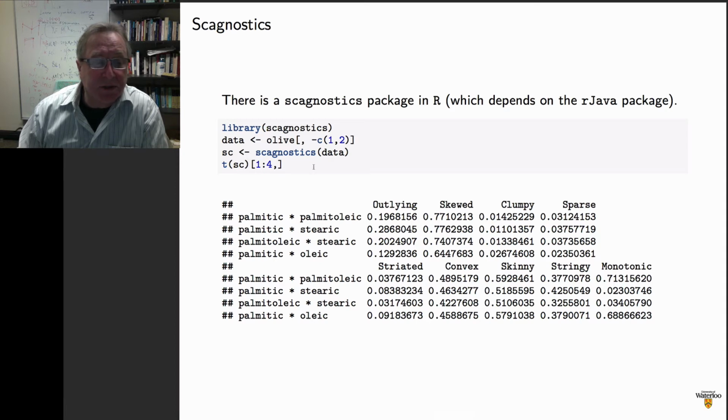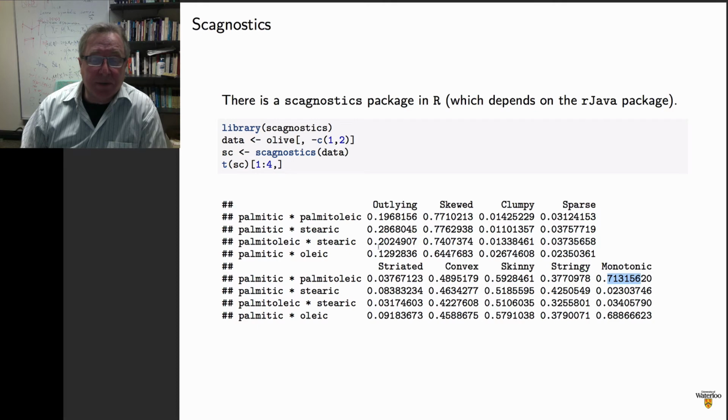Take the scagnostics of it, and it returns, I've got the transpose here, just showing you the first few rows, for every pair of variates, the corresponding scagnostic measure. Its outlyingness measure, its skewedness measure, its clumpiness measure, so that's very highly skewed, but low on clumpiness, and low on sparsity, higher on monotonicity, etc.